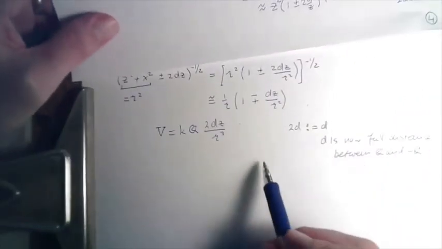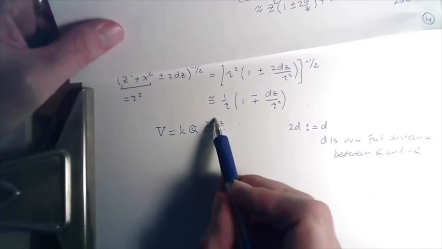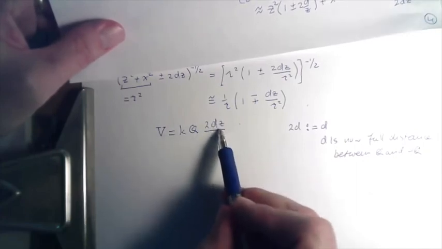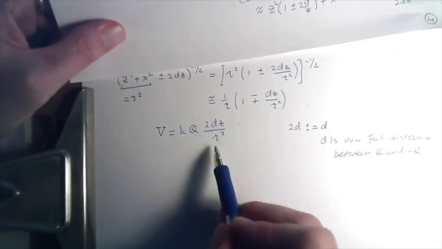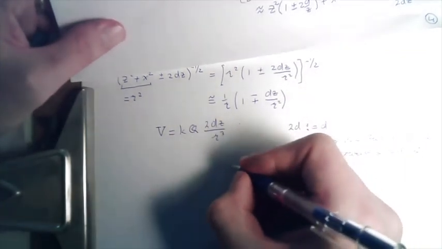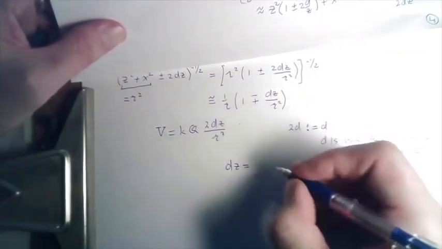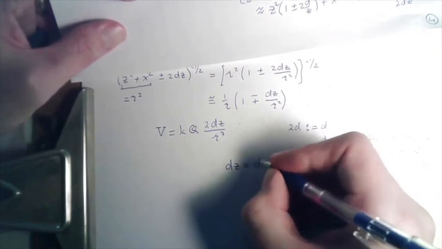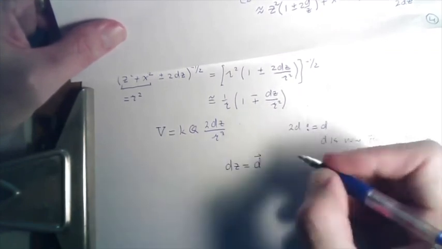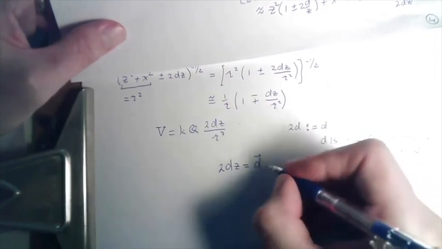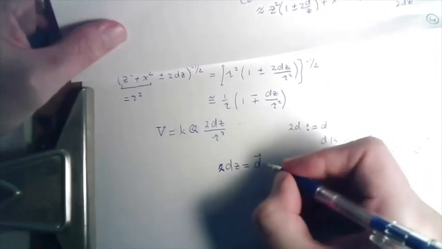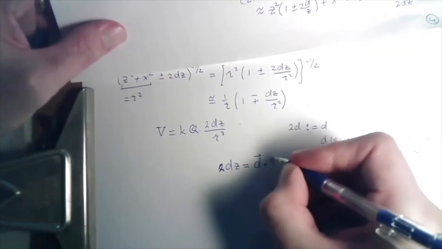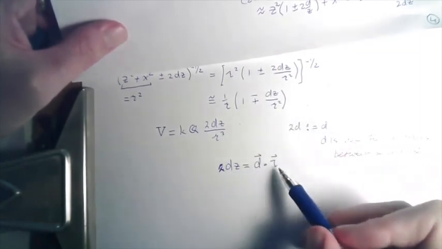All right, now, next thing we do is we say d times z is actually the projection of the coordinate on the z-axis. So d times z is actually the d vector, sorry, 2d projected on the position vector.